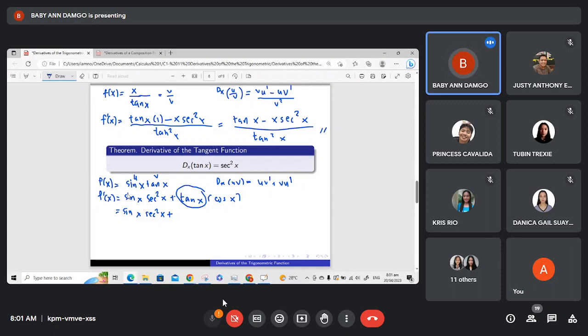So, unsa nga identity ato ang gamiton para ma-cancel out na to ang cosine x. Tan x is sine x over cosine x times cosine x. This is sine x secant squared x plus sine x. Okay? So, this is the final answer.